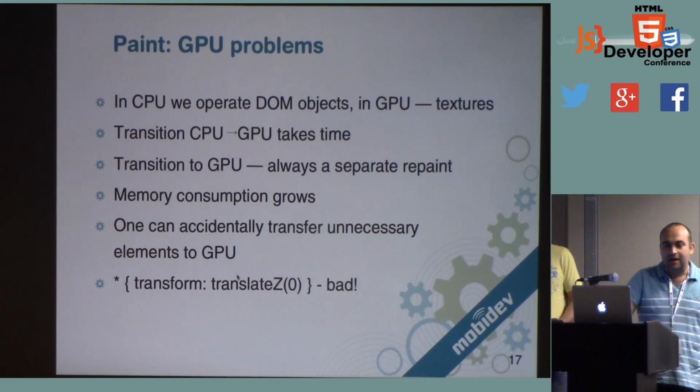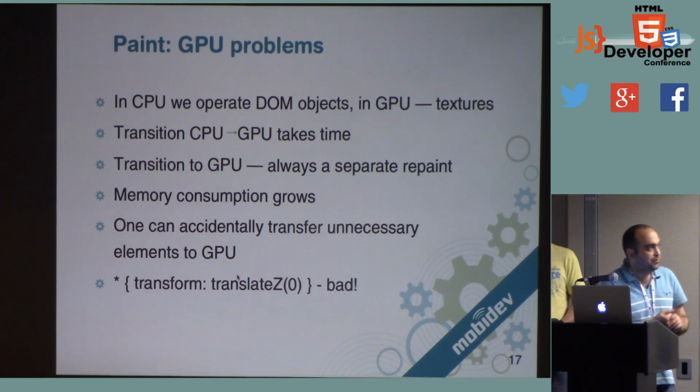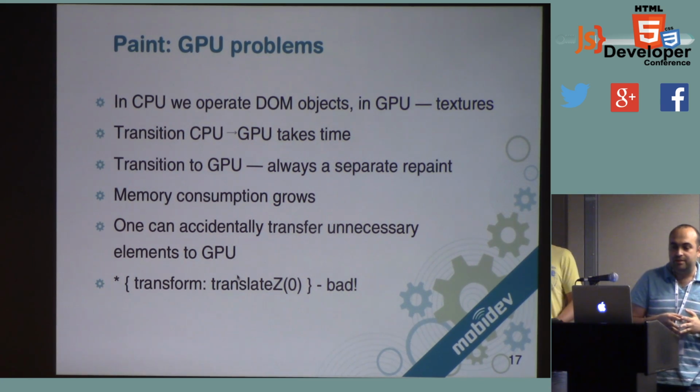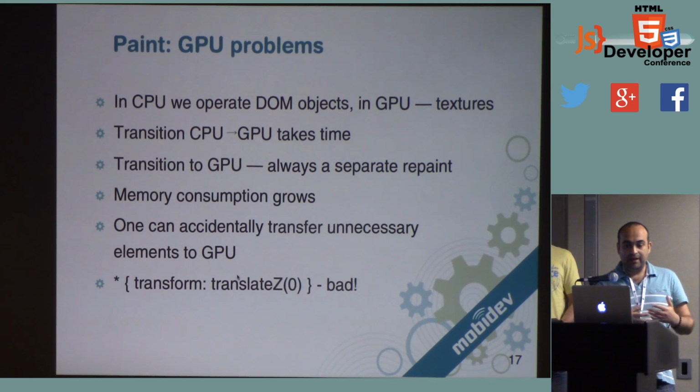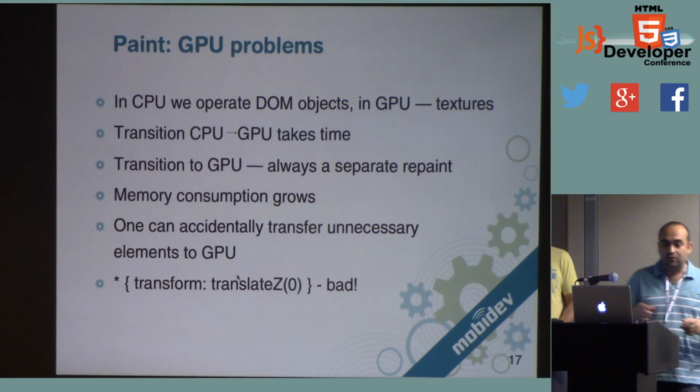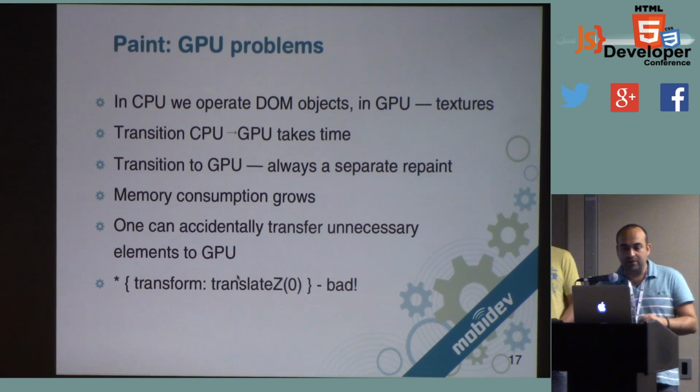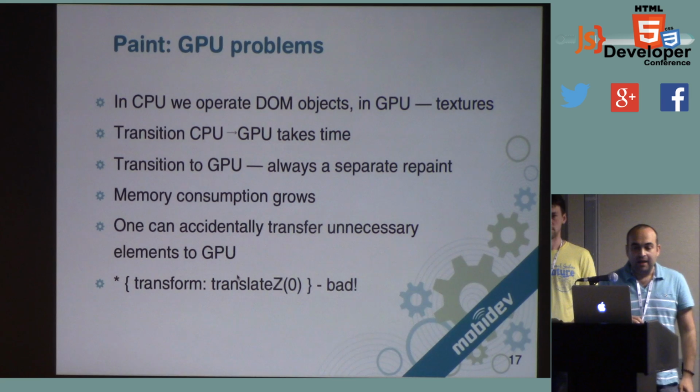But we have some problems with GPU acceleration, because in the CPU we operate with DOM objects, DOM elements. In the GPU we operate with textures, and transfer between CPU and GPU takes time.